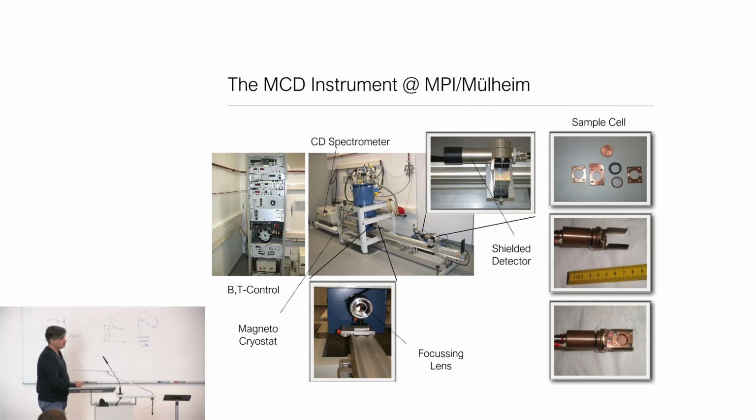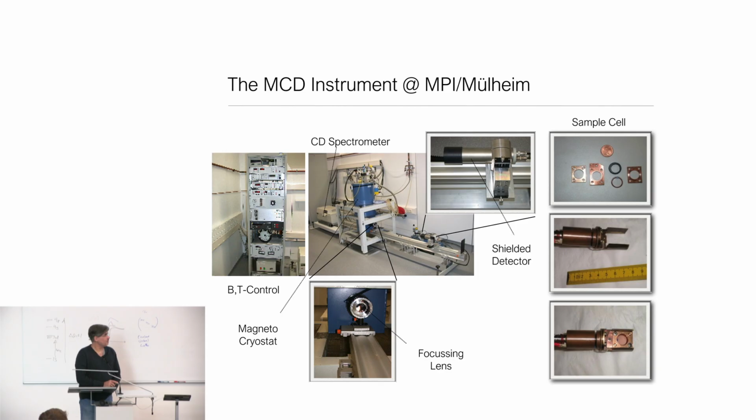These are all standard components, but you have to separate them spatially, and the reason is that these magnets are creating stray fields, and these stray fields are not that small. And so these stray fields are interfering in a negative way with the photoelastic modulator that is creating the circularly polarized light, and it's also interfering with the detector.